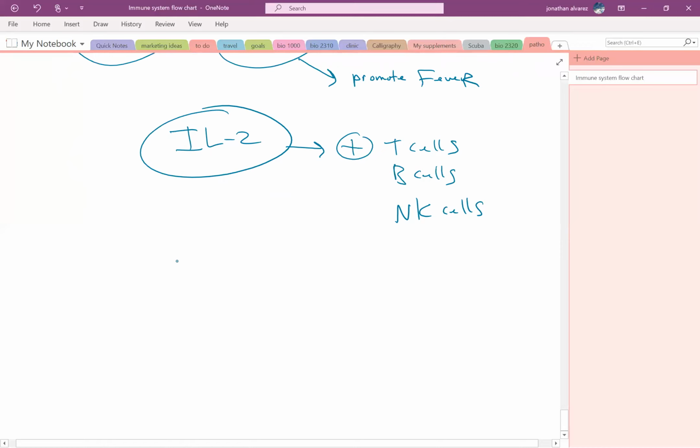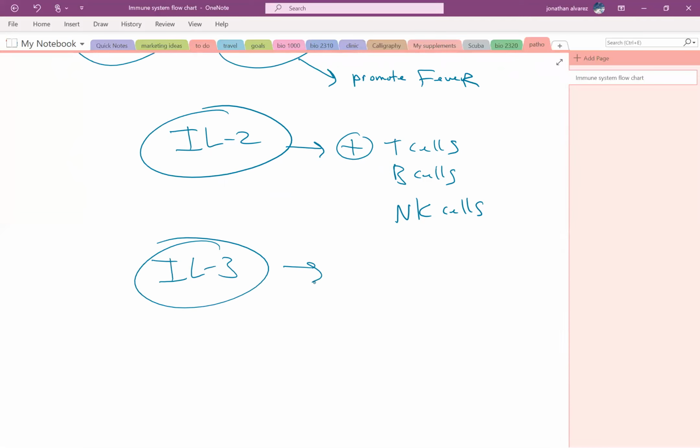All right, interleukin 3. It brings in or activates the T helper, the mast cells.